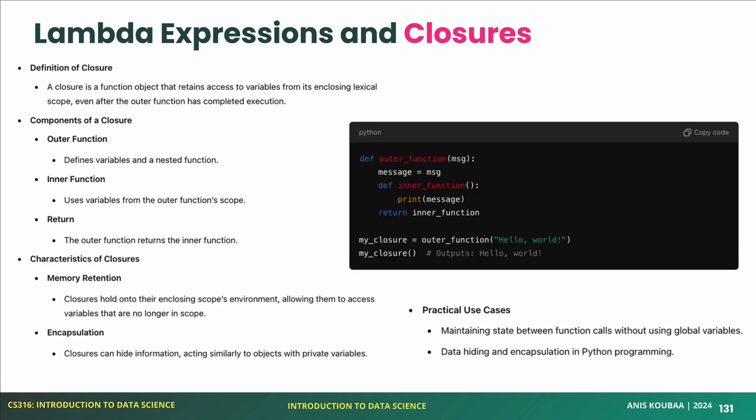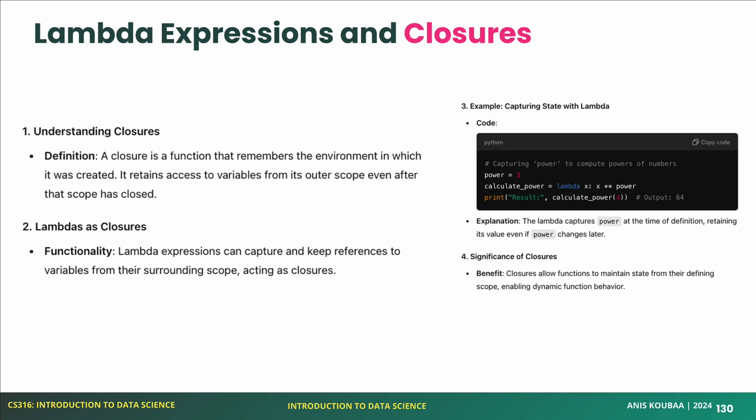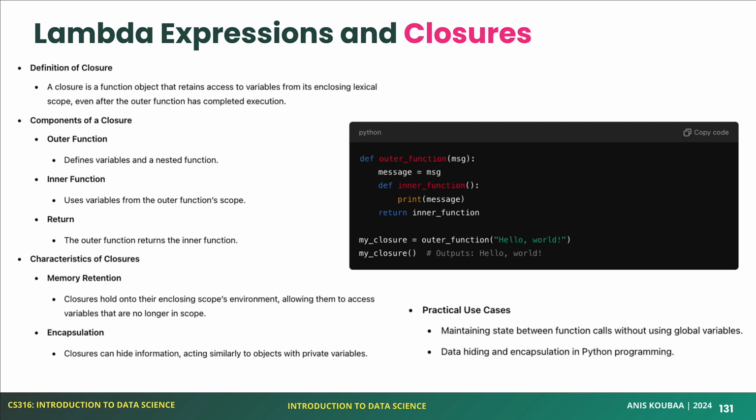Another important aspect is that a lambda expression can be used as a closure. So what does a closure mean? A closure is a function object that retains access to variables coming from the outside. Look now, we have an outer function, and this message is defined as a variable of this outer function.